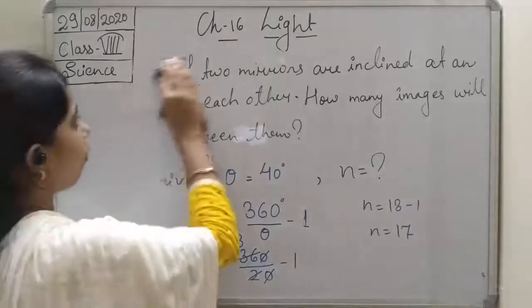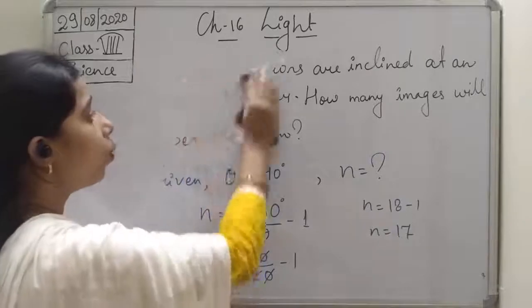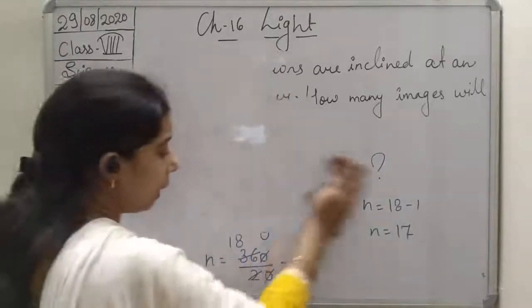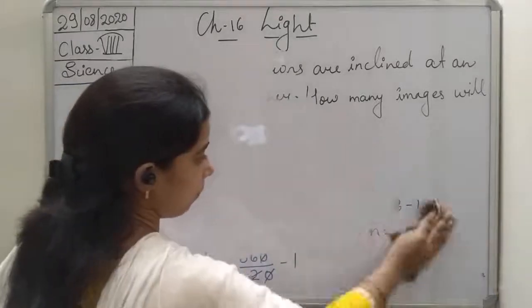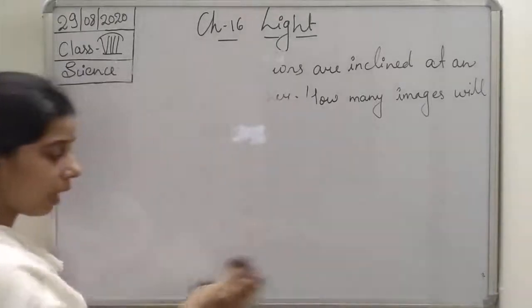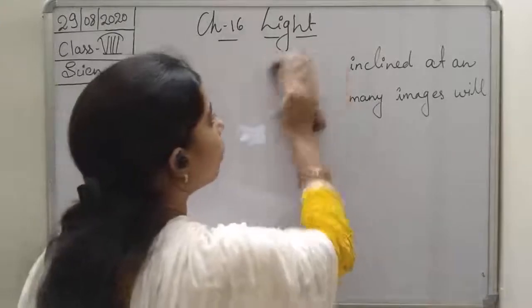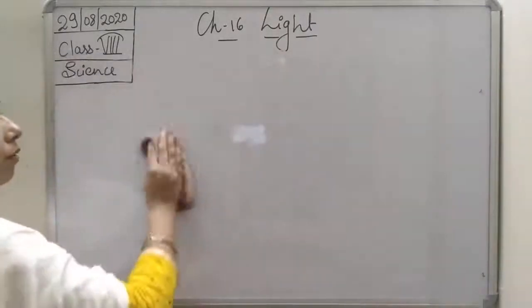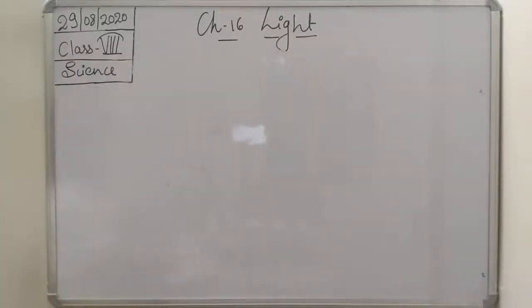Now we will move to the next topic. We understood multiple reflection of light, but there are two instruments which work on the principle of multiple reflection of light. We have already studied one of the principles in it. Let us revise it and understand it again.